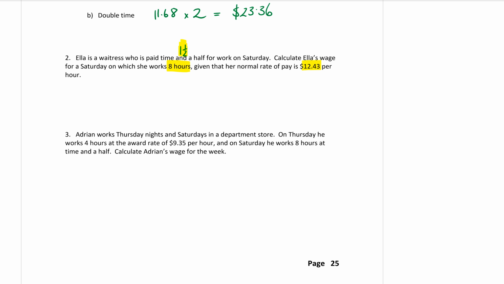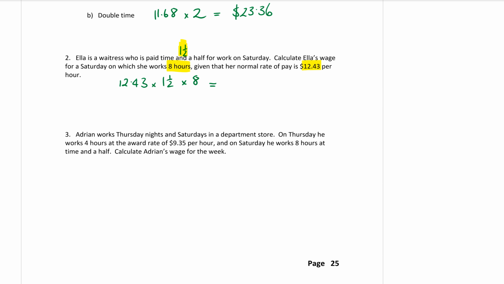So I start with her $12.43. That's her normal pay. I'm going to times that by 1.5 because she's doing this as overtime, right? But we also times that by 8 hours because she works for 8 hours. Does that make sense? And that's it.